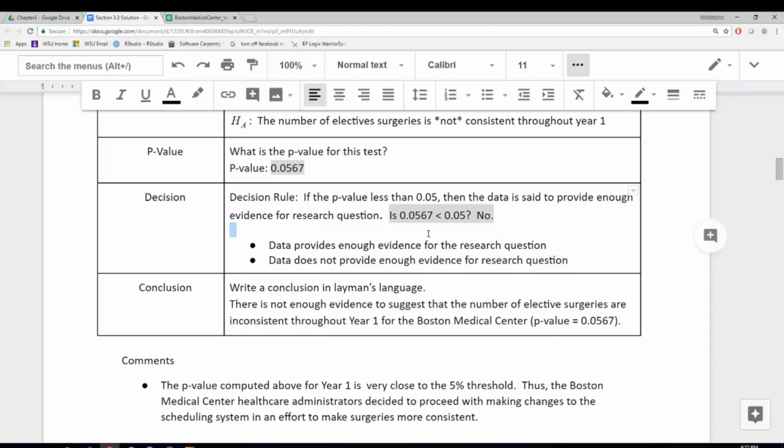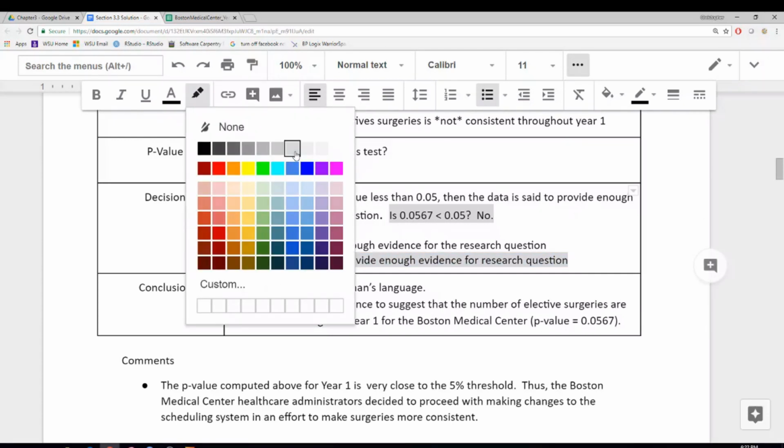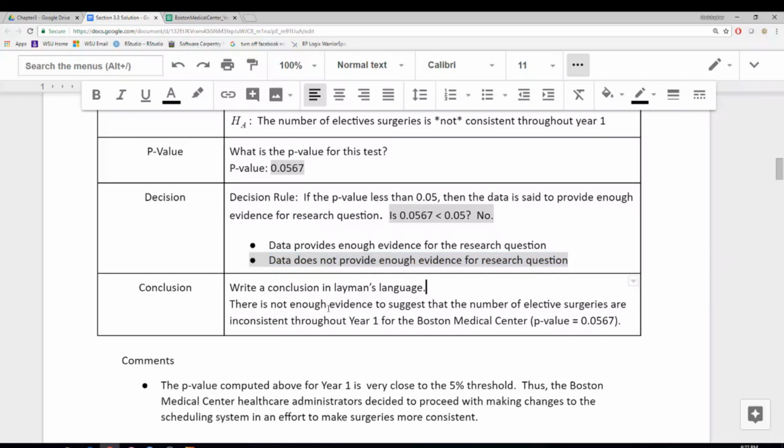But technically, no, it's not. So technically, our decision should be that there's not enough evidence for the research question. And then writing our conclusion with the three components. There is not enough evidence to suggest that the number of elective surgeries are inconsistent throughout year one for the Boston Medical Center. The reported p-value for this analysis, 0.0567.